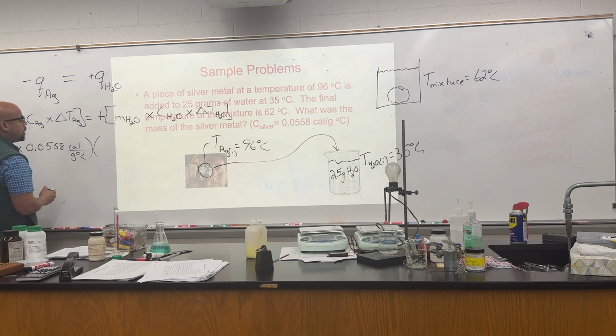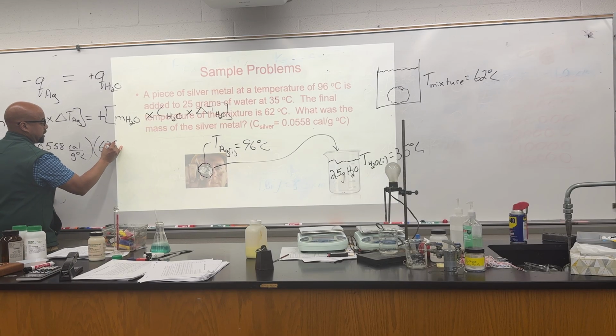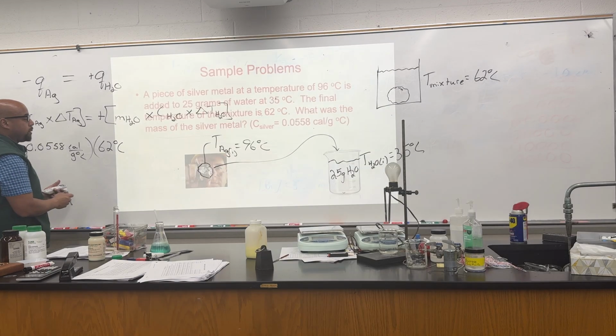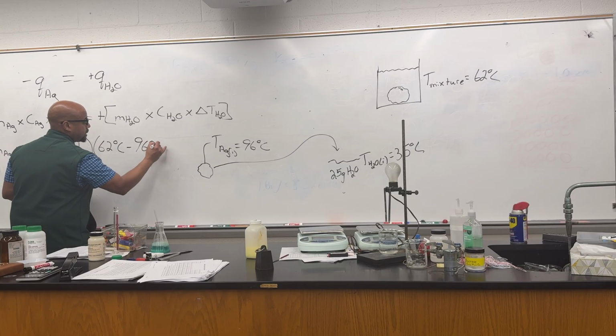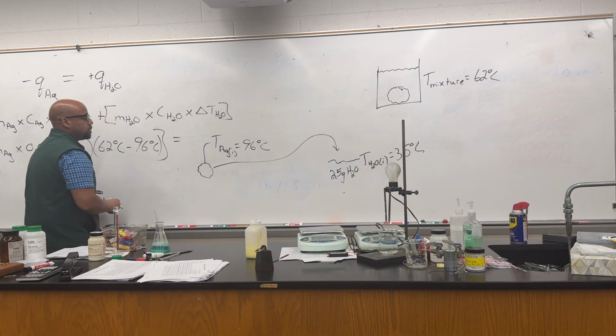Change in temperature, well, the final temperature of the silver is going to be what? 62, because that's its final resting place, 62 degrees Celsius. The initial temperature of the silver, well, they gave that to us: 96 degrees Celsius, final minus the initial. Is equal to, so I'll put my equal sign right here.